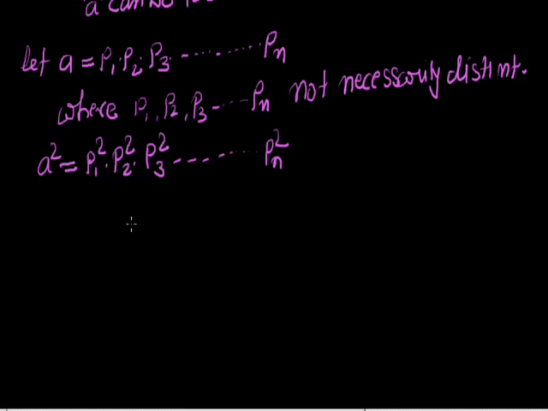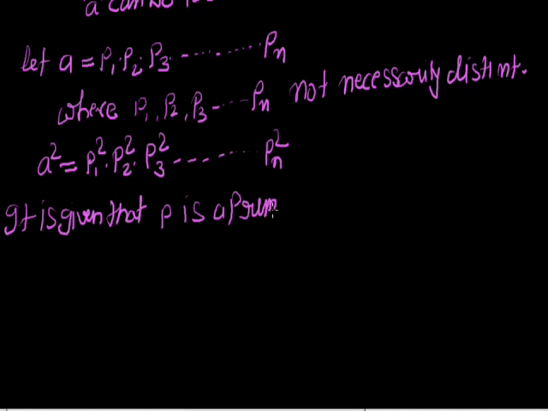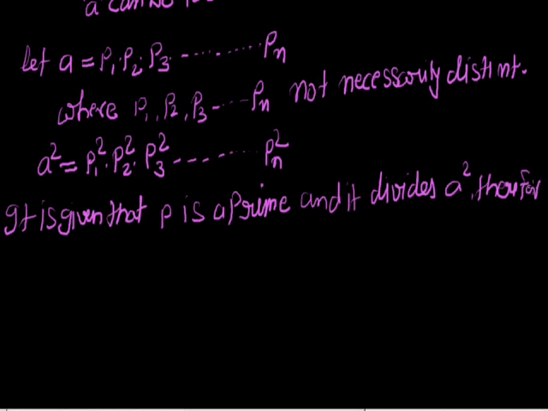Now it is given that p is a prime and it divides a square.